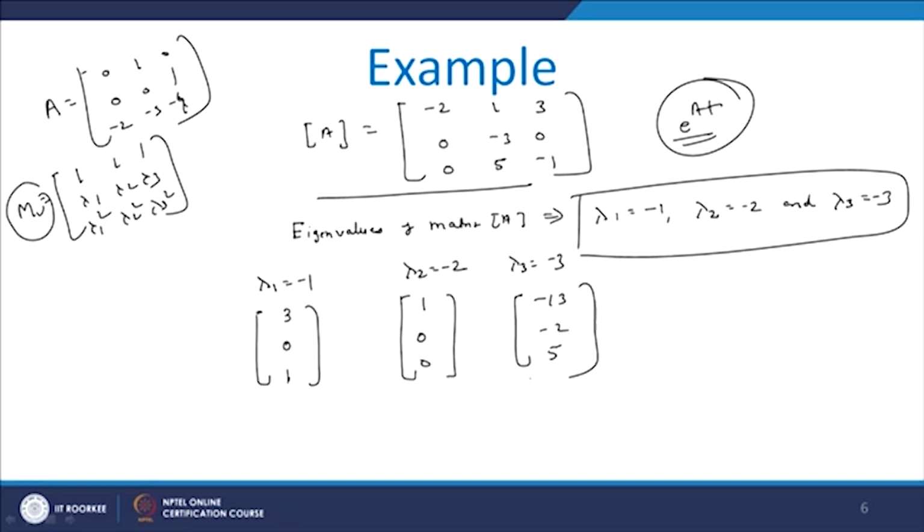Now, these are the eigenvectors for each eigenvalue, and to get the modal matrix we have to combine these eigenvectors. So, combining the eigenvectors, we get the modal matrix M equal to 3 1 -13, 0 0 -2, 1 0 5.